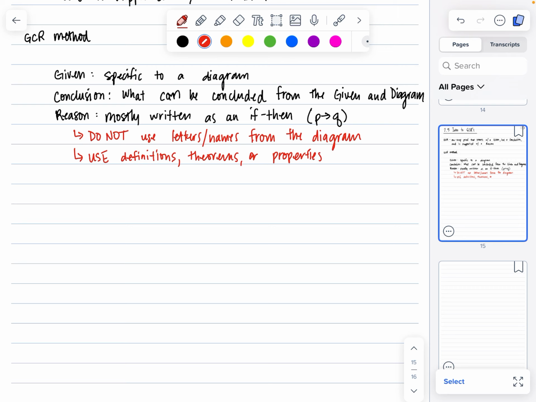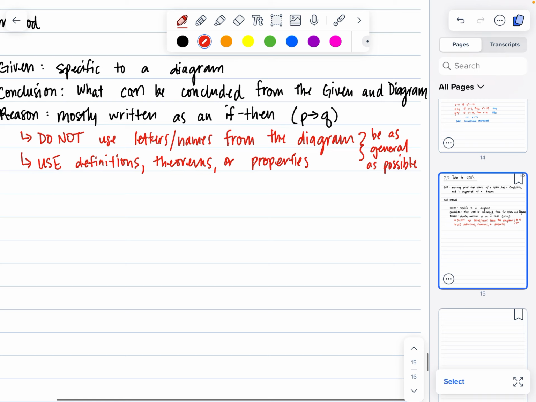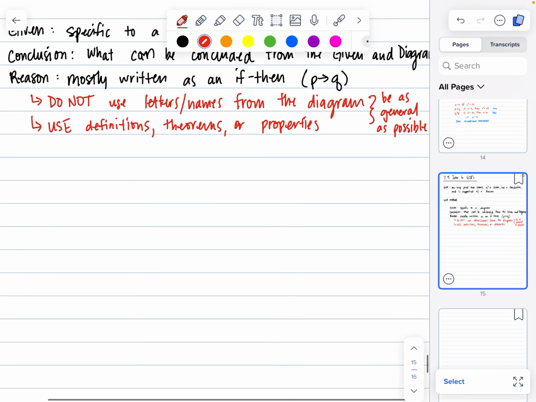And you'll see what I mean by properties towards the latter half of this unit. So what I'm trying to say here is for the reason we want to be as general as possible. Okay, and you'll see what I mean with our example.